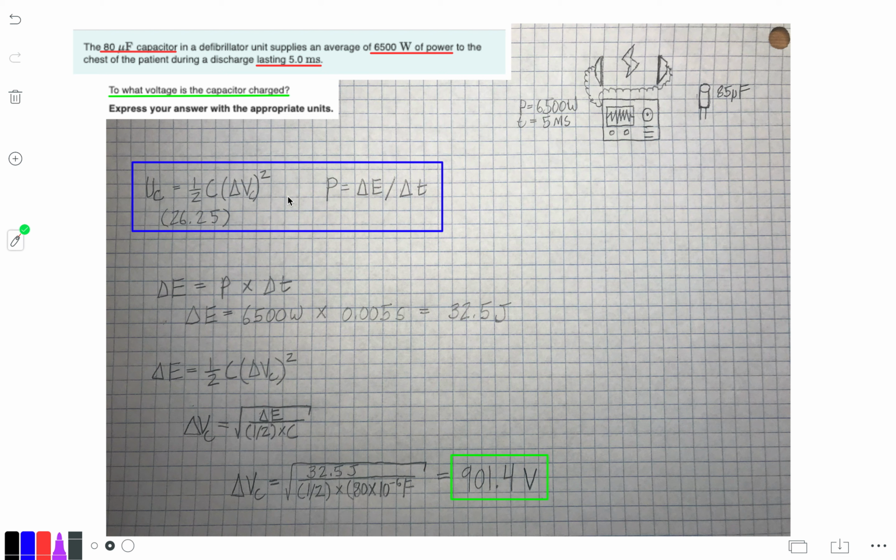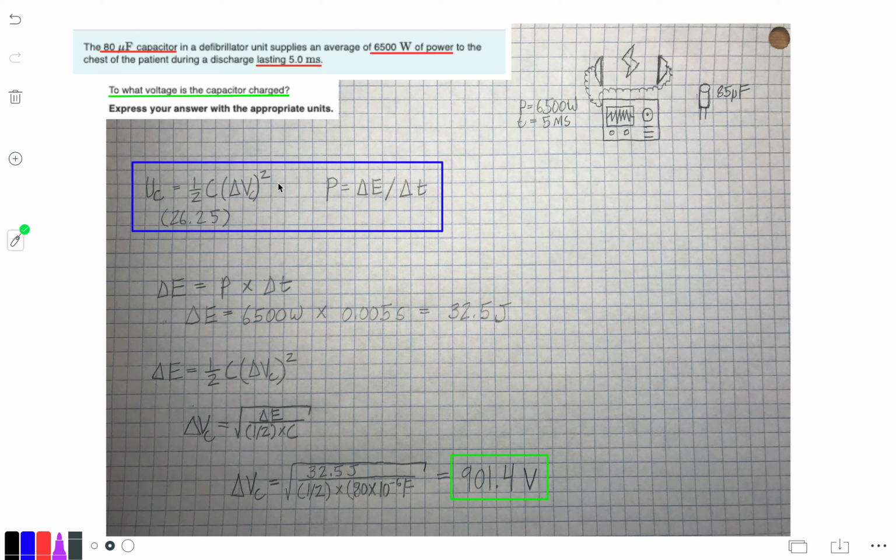So what we can do is start off by rearranging, because our goal is to get these equations to equal each other, because then we can solve for our voltage here, the voltage of the capacitor, which is our VC right here, or the potential difference.